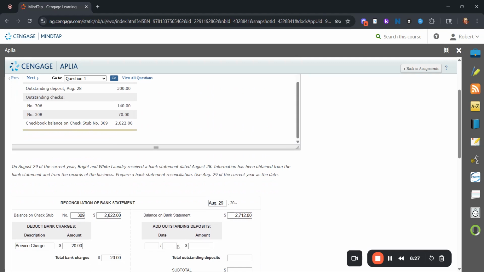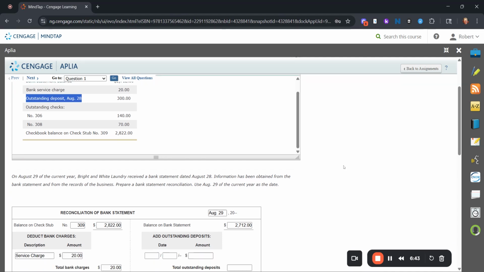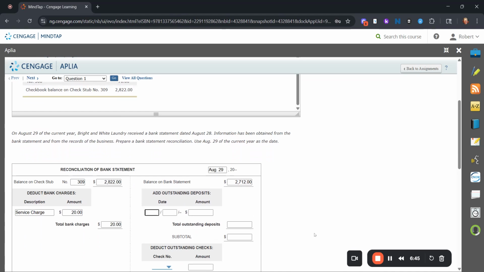So let's look at our deposits. We go through the list, and we see a third one down, deposit for August 28th for $300. So obviously that hadn't been processed when the statement was created. So we'll put in the date here, 8, for the month of August. The date the deposit was made was the 28th, and it was for $300.